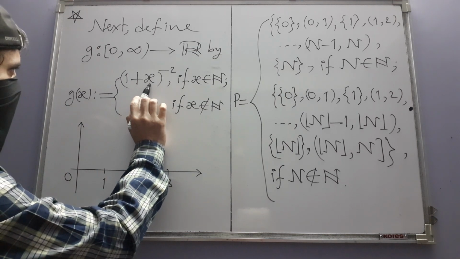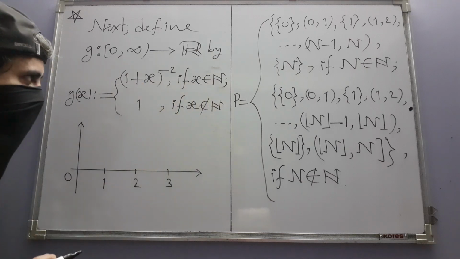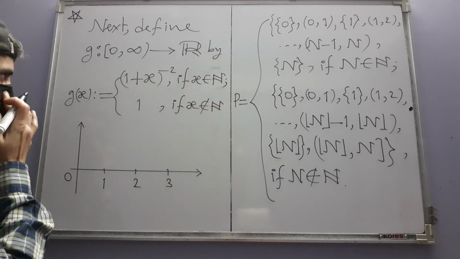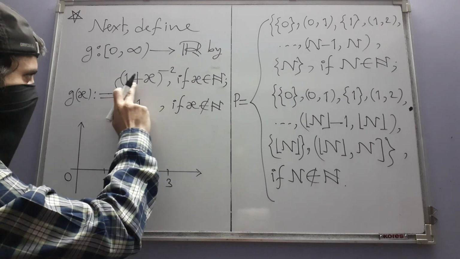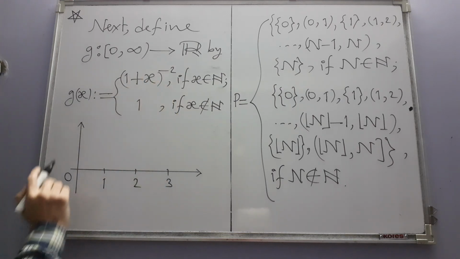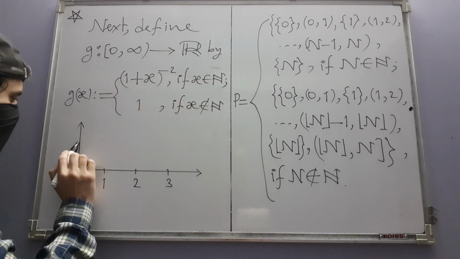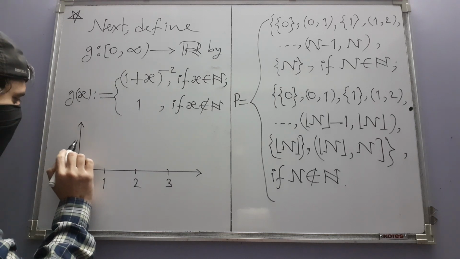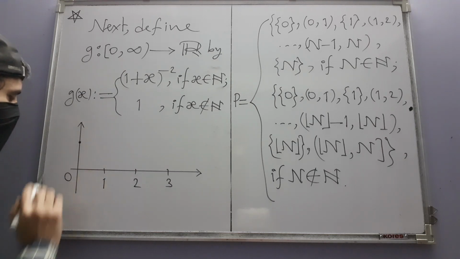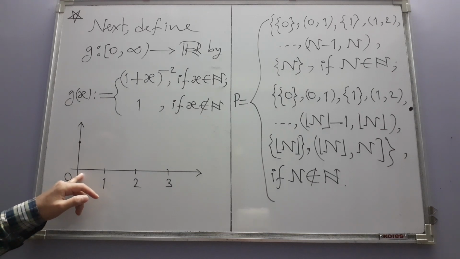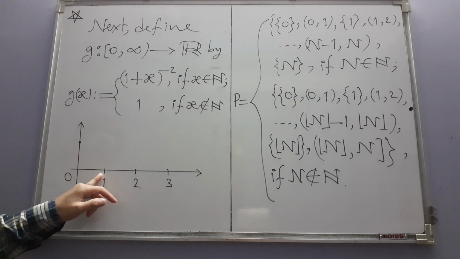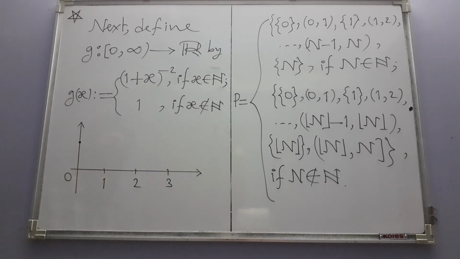Say when you have x equal to 0, 0 is a natural number. What's the value that we get? 1 plus 0 to the power minus 2, so 1 after all. So we do get 1 when x is 0. And then as we move our input towards 1, until we reach 1, it is constantly 1.